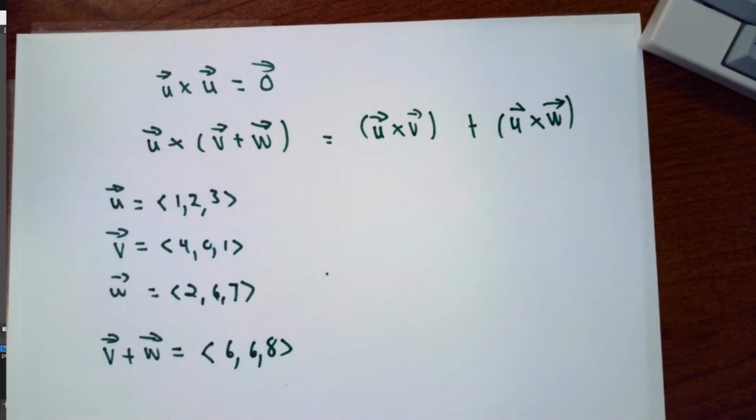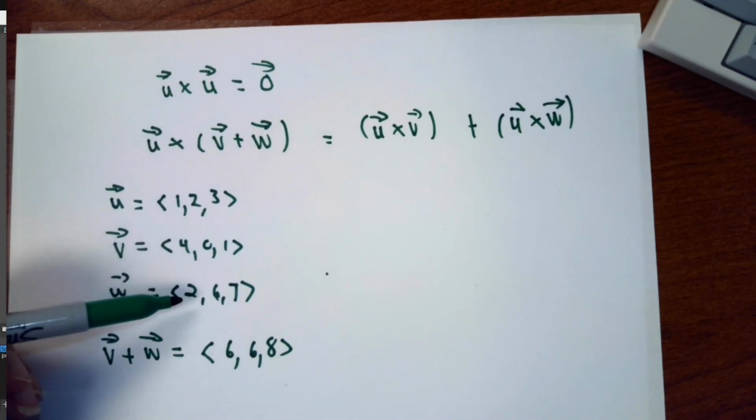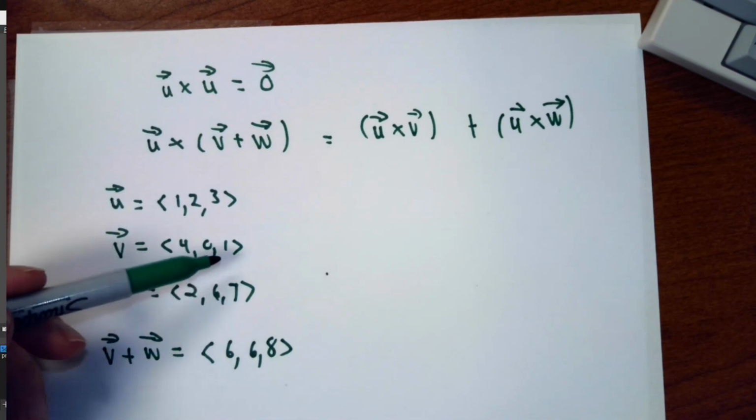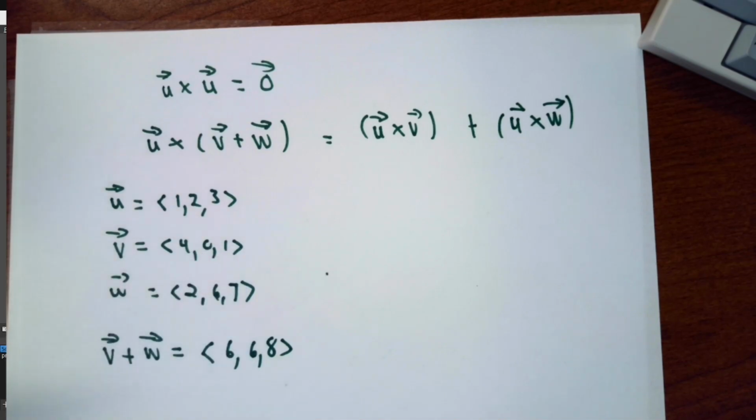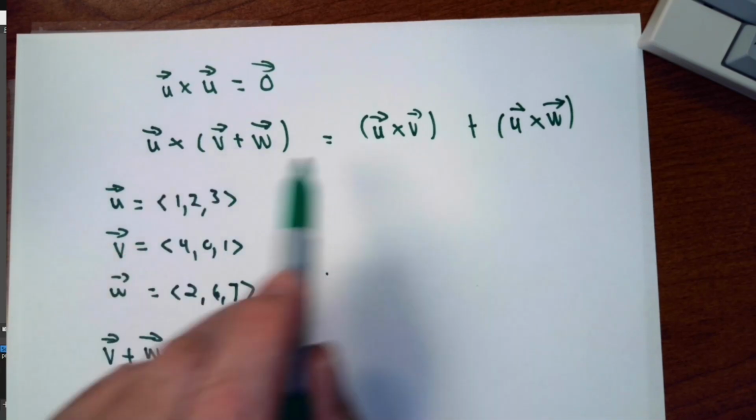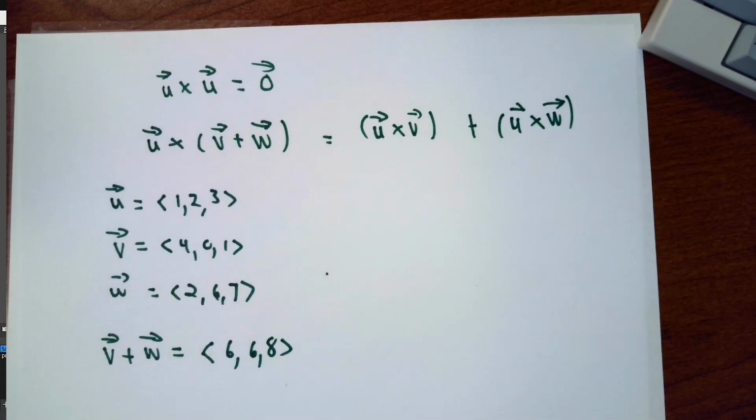As an example, I'm going to let U be the vector 1, 2, 3, V be 4, 0, 1, and W will be 2, 6, 7. I'll go ahead and add V and W together by hand: 4 plus 2 is 6, 0 plus 6 is 6, 1 plus 7 is 8, and then we'll calculate these vectors and see if they're equal to each other.